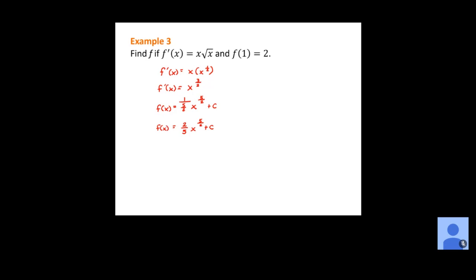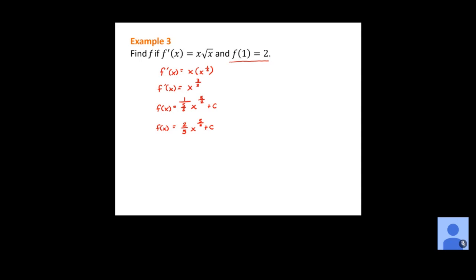Now, in this case, they actually give us some more information so we can find the specific antiderivative for this one. So since we know that f of 1 equals 2 now, what could we do? Okay, good. We can actually solve for c by substituting those values in.